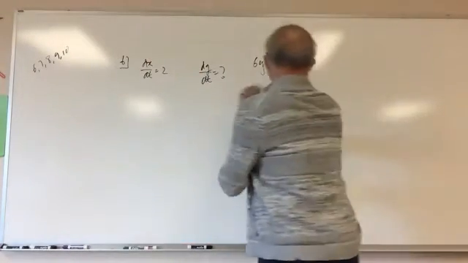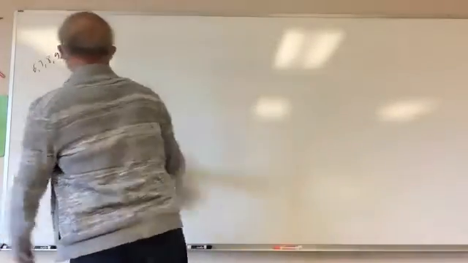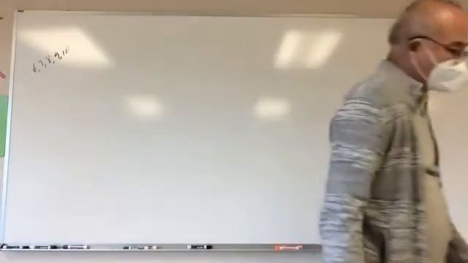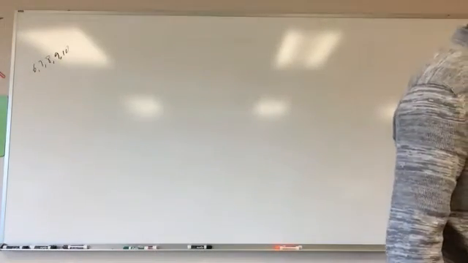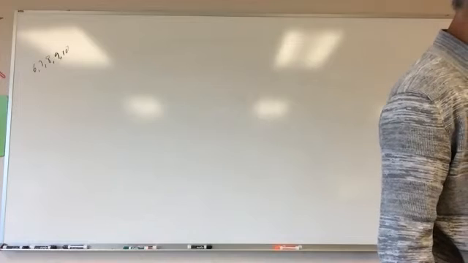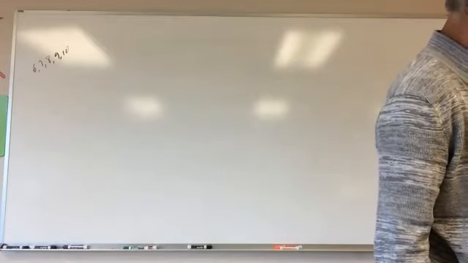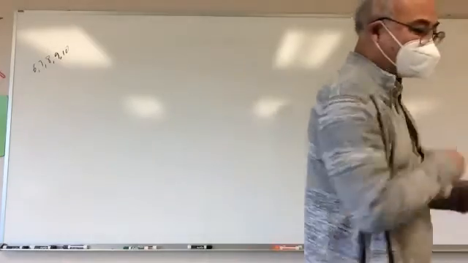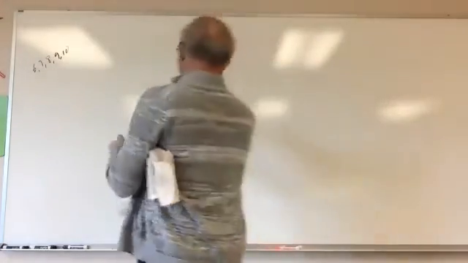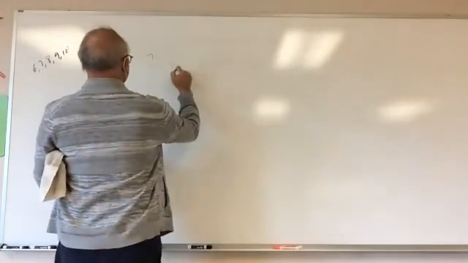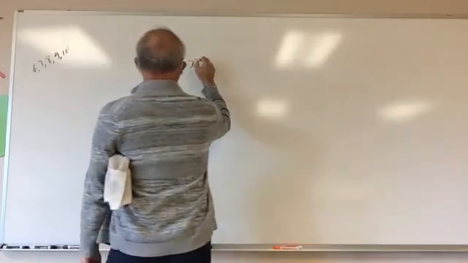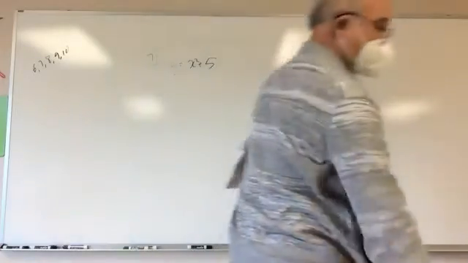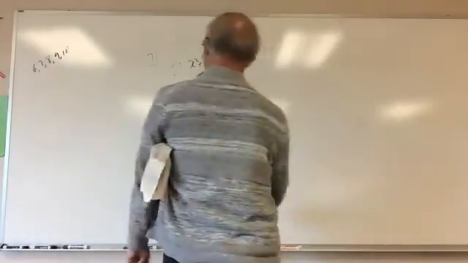Let's do 7. If x and y are both differentiable functions of t and are related by the equation, okay, this is just plugging them in, I think. So we have y is equal to x squared plus 5.